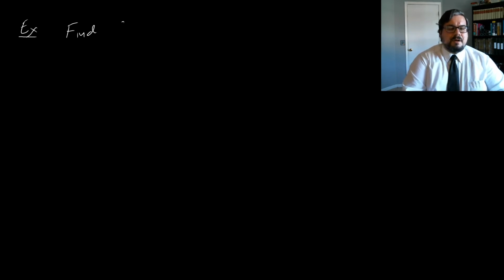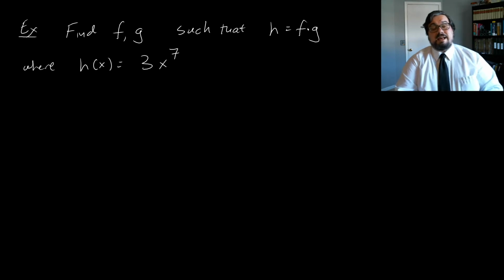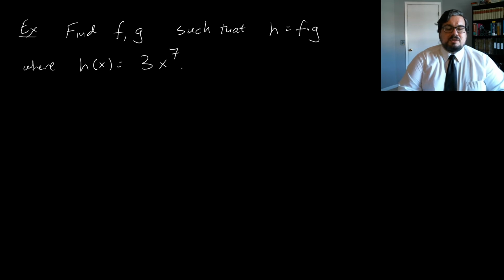So let's find f and g such that h equals f times g, where h of x is equal to 3 times x to the 7th. Now here there are a lot of different ways that we could write down h as a product of two functions, f and g. So let's look at just a few of them.